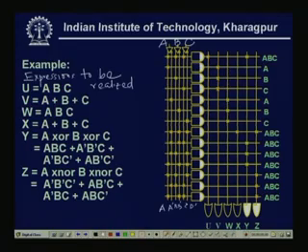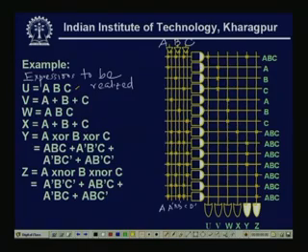See how many distinct minterms are there here. Here there are 1, 2, 3, 4, and again this is common. So, 4 minterms, and here this is common, and 3, 7, and here another 4.